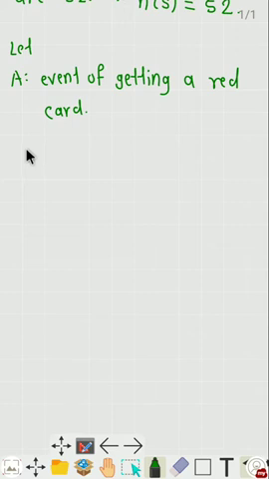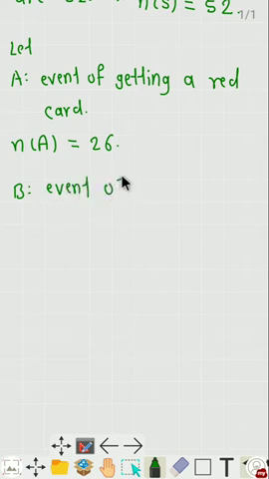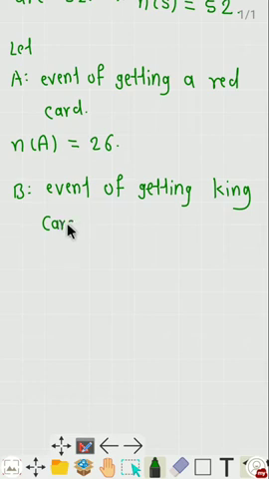In the pack there are 26 red cards, therefore the number of elements in set A is 26. Let B be the event of getting a king card. In a pack of 52 cards, there are 4 kings. Therefore, n of B is 4.